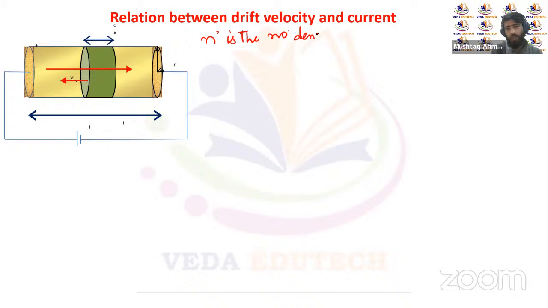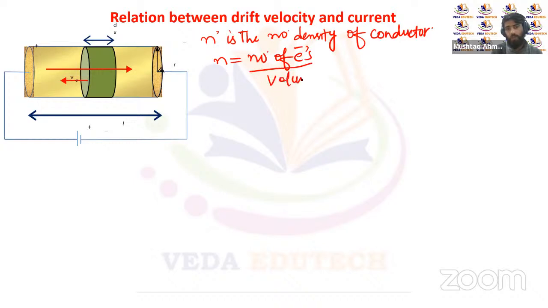By number density of a conductor, we mean the number of electrons per unit volume of the conductor.